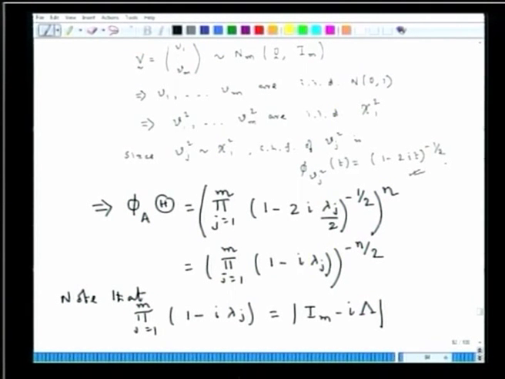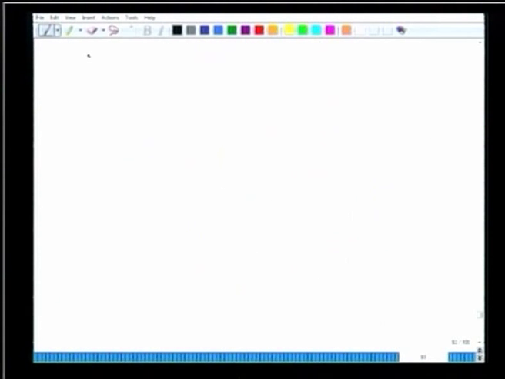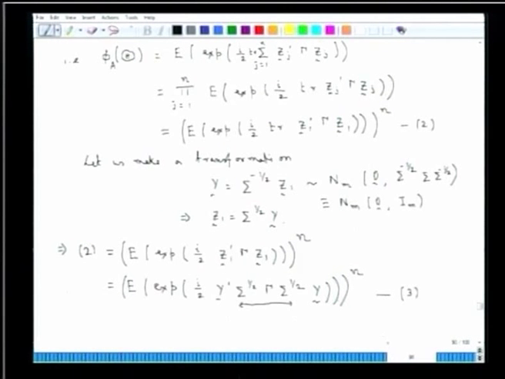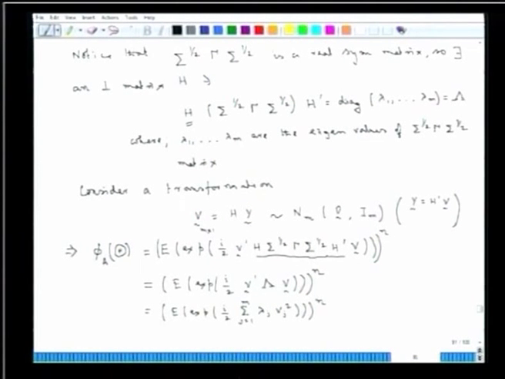We can make further simplification to this expression, the determinant of Im minus I times capital lambda. Remember that this lambda is the diagonal matrix containing the eigenvalues lambda 1, lambda 2, lambda m. From this expression, lambda matrix is H sigma to the power half gamma sigma to the power half H transpose.